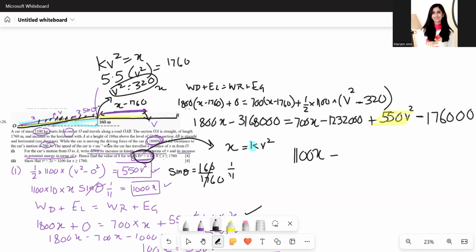Next we have minus 3168, three zeros, towards the left already, plus 1232, three zeros, plus 176, three zeros. I'm getting minus 176, four zeros, is equal to 550 v square. Divide 550 on both sides. We get this, which is the correct required form.